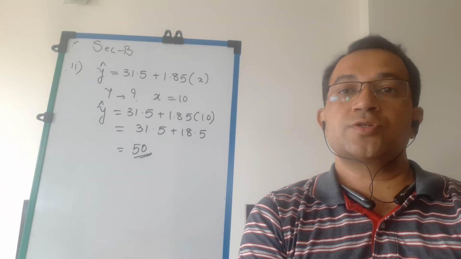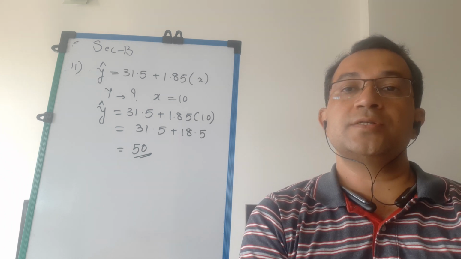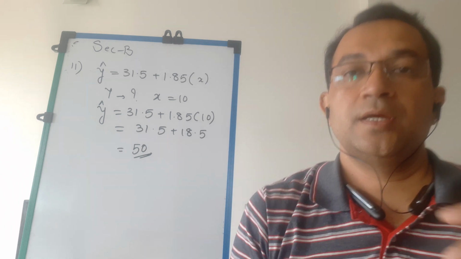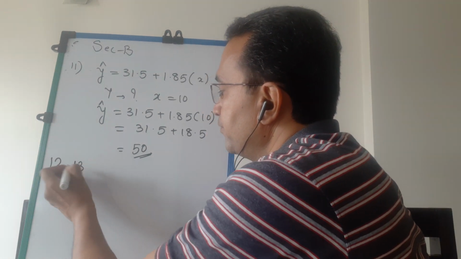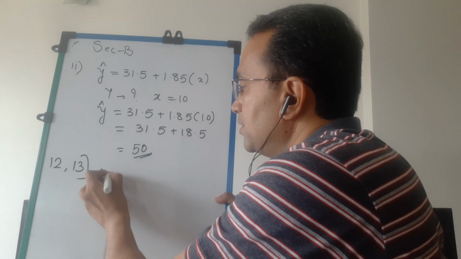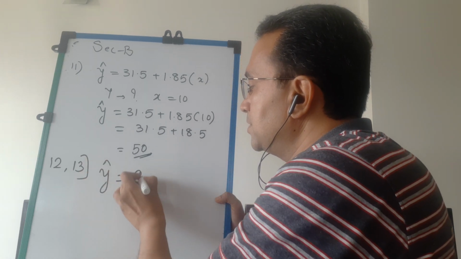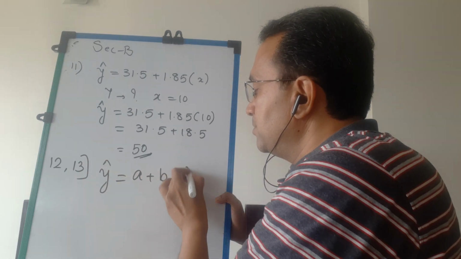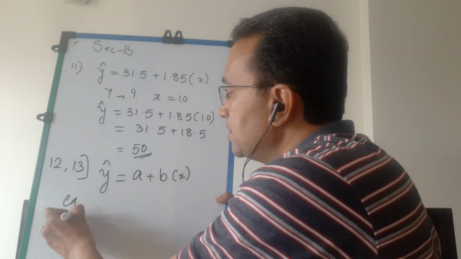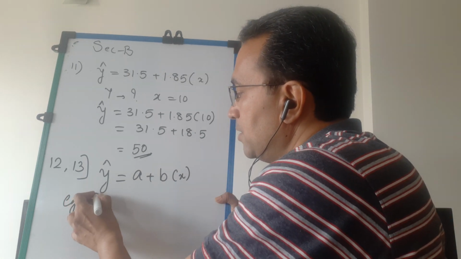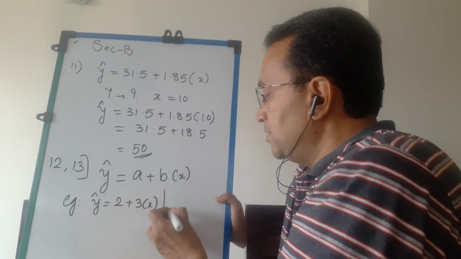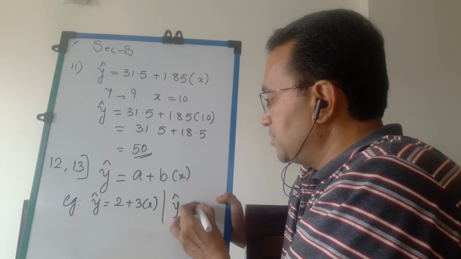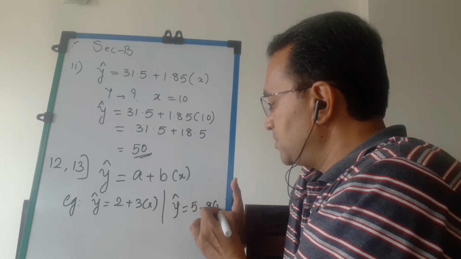Now students, for question 12 and 13 we have to understand one small concept. For that, say our regression line is y cap is equal to a plus bx. Now two examples I am citing. One is y cap is equal to 2 plus 3x and another is y cap is equal to 5 minus 8x.